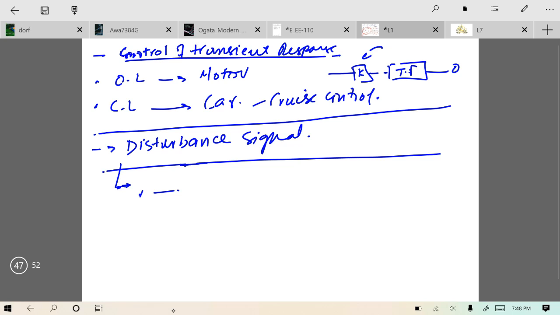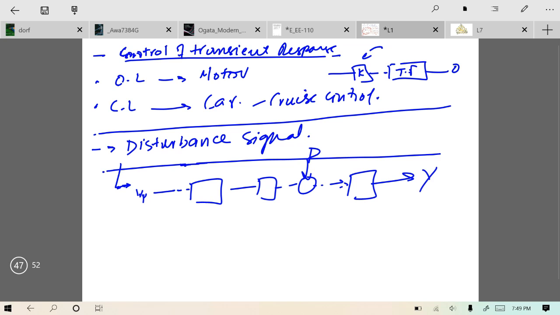For example, if you have an input and some block, some comparator, and this is the disturbance signal entering, and then some block and then output. So we take this disturbance signal as a formal input. It is actually a single input, single output system. However, due to disturbance, it is now a double input and single output system.